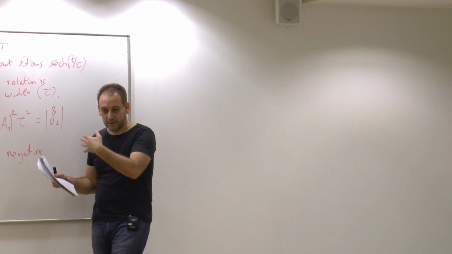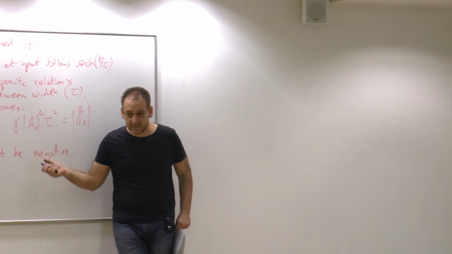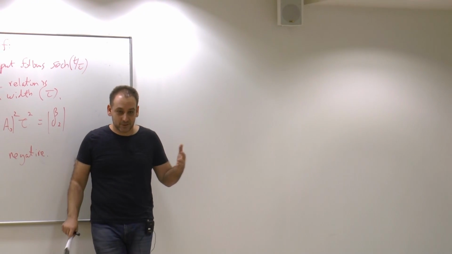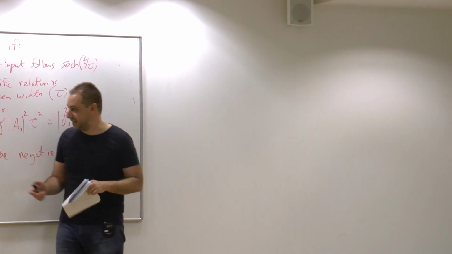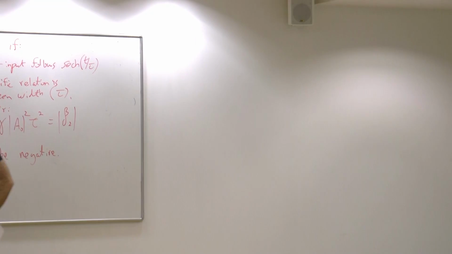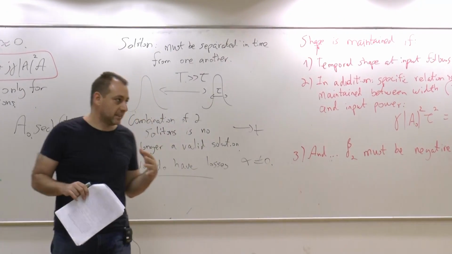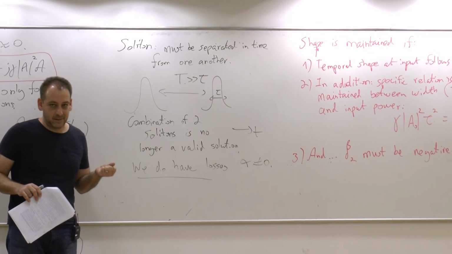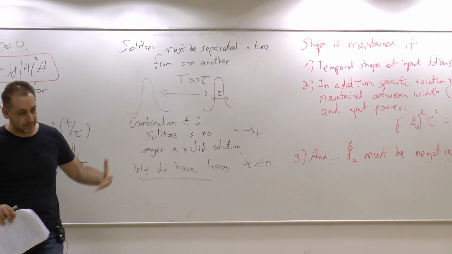So after 1, 2, 3, 10 kilometers, this relation is no longer in place, and the soliton is no longer a solution, and it will gradually break up. So this is a perfectly retained shape in an ideal world that has no losses, but in any practical waveguide with losses, sooner or later this relation will fall apart.